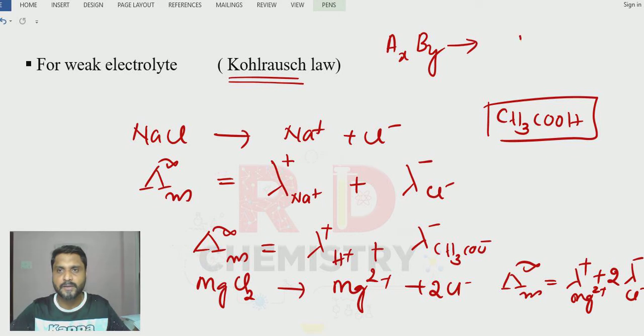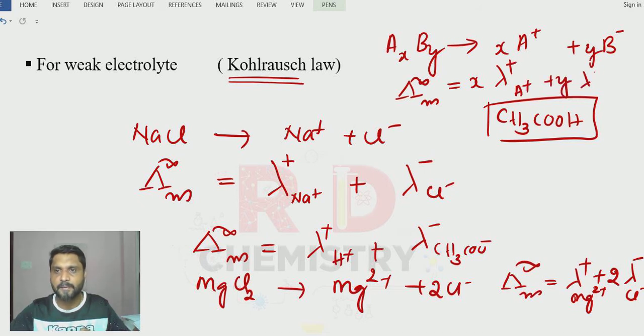This will give you A plus cations, right? And B minus anions, correct? Suppose x moles are there here and y moles are there here. Then how would I write it down? So lambda m infinity is equal to x times lambda plus of the A plus, plus y times lambda minus of the B minus, correct? So this is using Kohlrausch law.